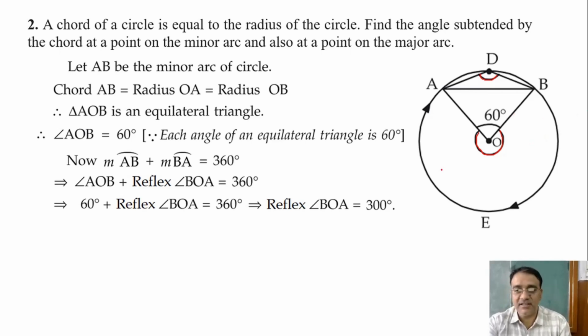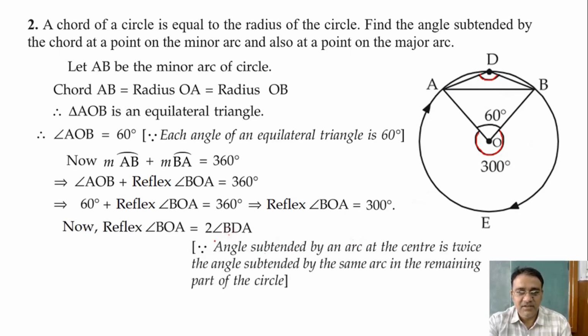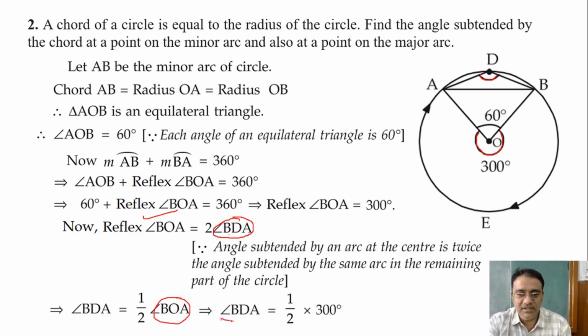You must remember that statement exactly. So now angle BDA will be half of this angle, and this angle is equal to 300 degrees. So what is the value of this angle? 150 degrees, right? Okay, fine. So we got this value, for the point on the minor arc.